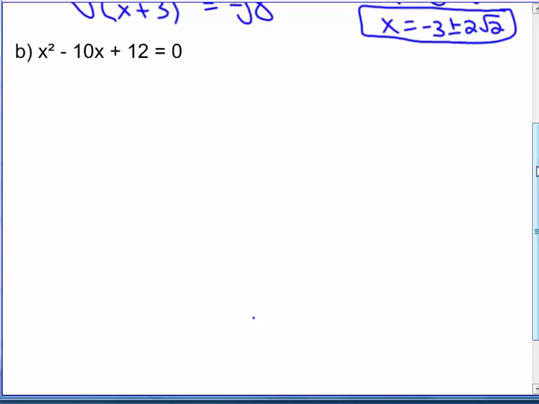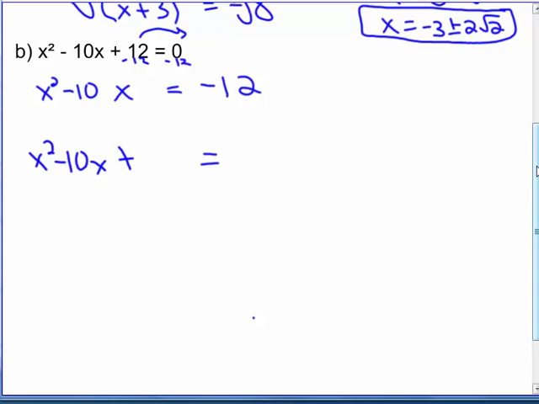All right, last one here. So first thing, take the 12, move it over to the other side. So I get x squared minus 10x. And now I have to figure out what to add to both sides.